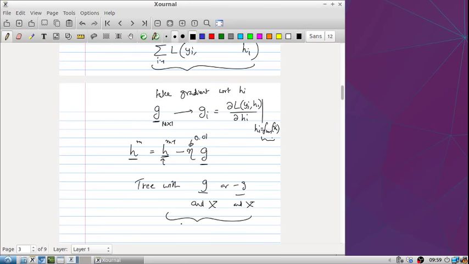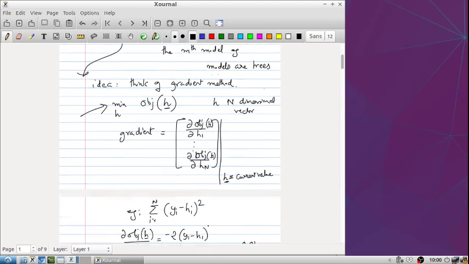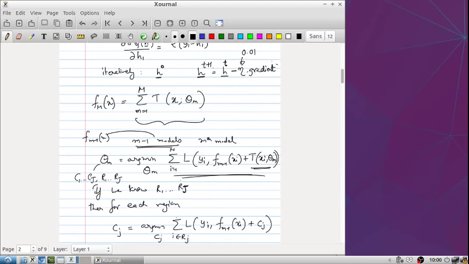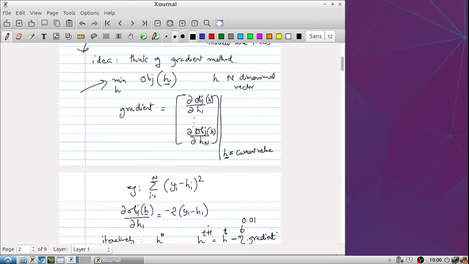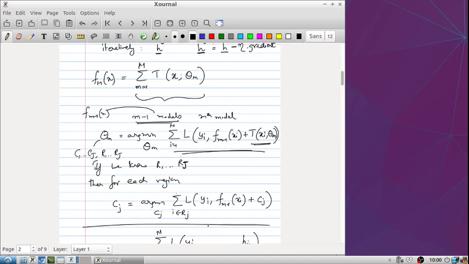When you build a tree, you'll get regions R1 to Rj. You'll get regions as well as some constants. But we'll ignore those constants. We'll get these regions, and then we'll go back to our original observation that if we have these regions, then for each region I can set the constant.